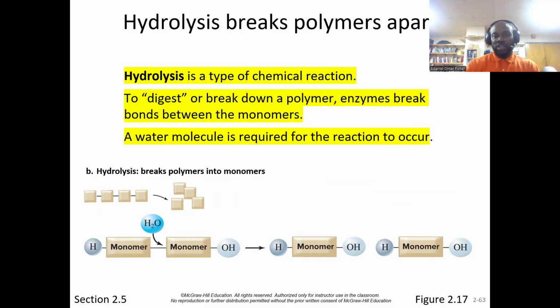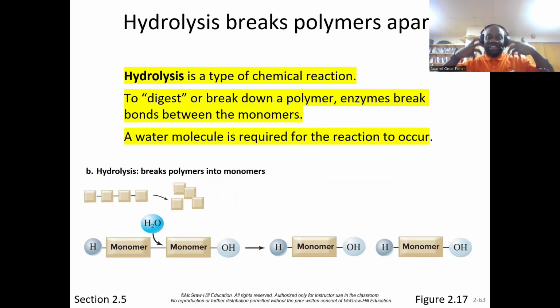Hydrolysis is the type of chemical reaction to digest or break down a polymer, so like the reverse. So dehydration synthesis builds the polymer. Hydrolysis breaks down the polymer. When do you think you would need to break down a polymer? Look at that word in the second sentence, to digest.